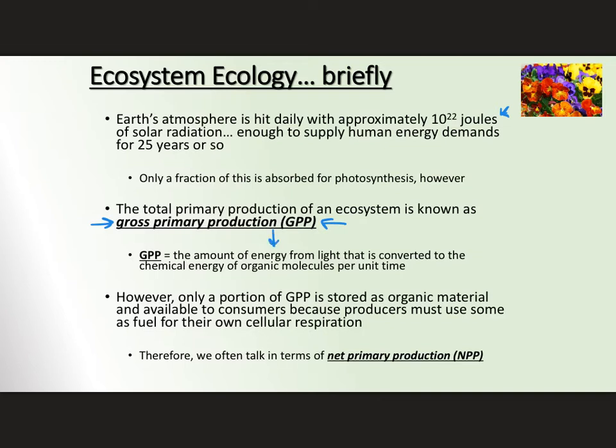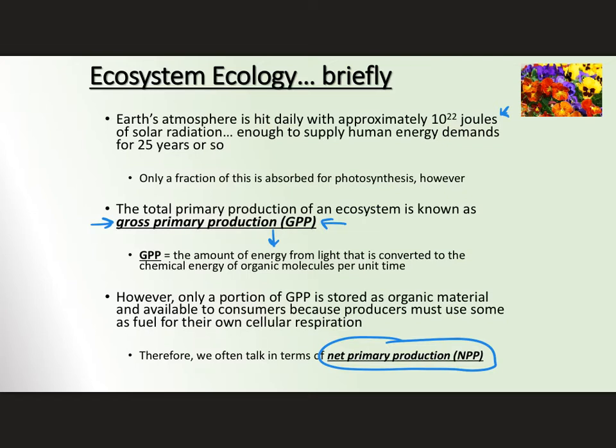It's defined better here than I'm doing: the amount of energy from light that is converted to chemical energy in organic molecules per unit time. Now, the interesting thing is only a percentage of GPP is actually stored as organic material that then is accessible for us as consumers. And so what we often are more interested in is our net primary productivity.